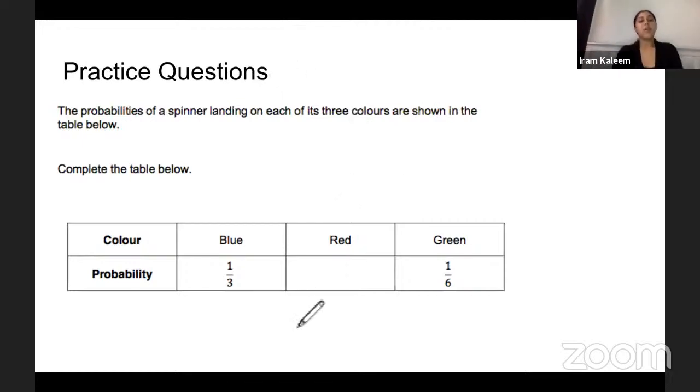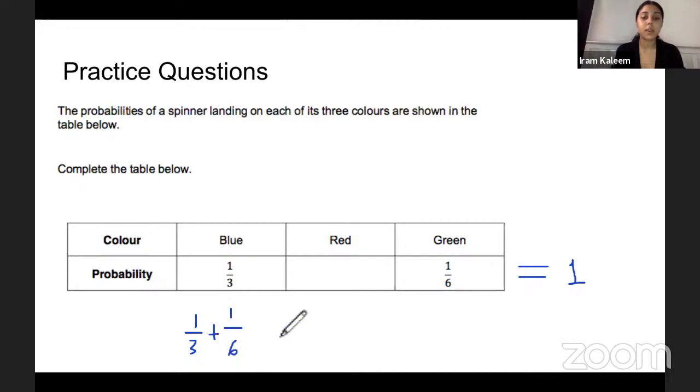So for this question, we're using the idea that the probabilities of each outcome in an experiment all add up to 1. The total is going to be 1. So what we're going to do is add 1/3 and 1/6 together. So first let's get the sum of those.